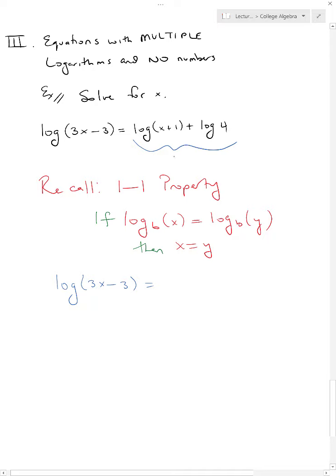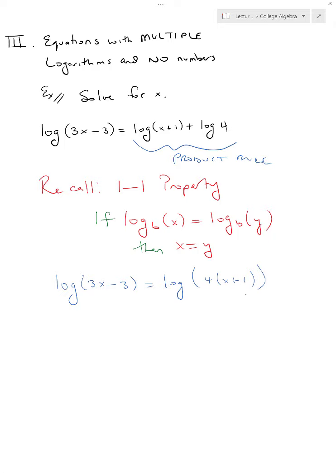And so if I use the product rule again here, because I have the sum of the logarithms, I can condense those two logarithms to log of 4 times x plus 1. And yes, I changed the order there. I'm just being a little finicky, excuse me. I like to write my numbers first. But if you wrote x plus 1 times 4, that would also be correct.